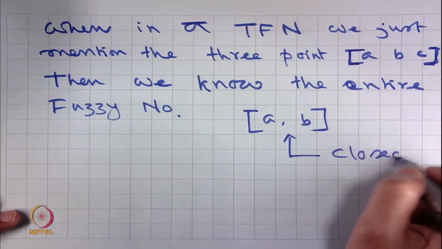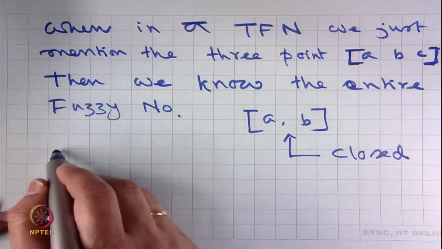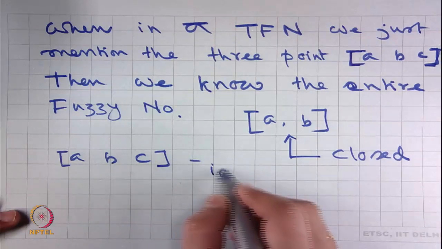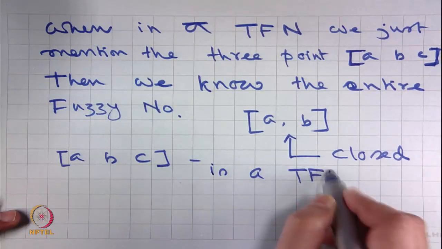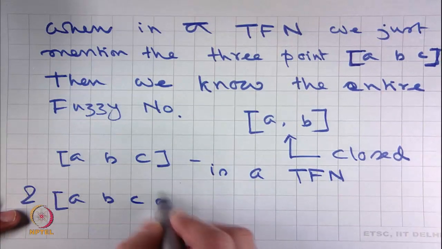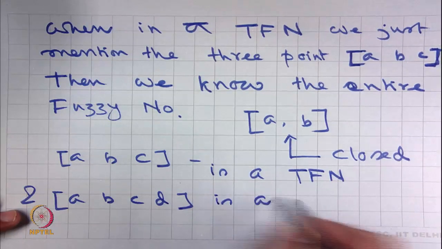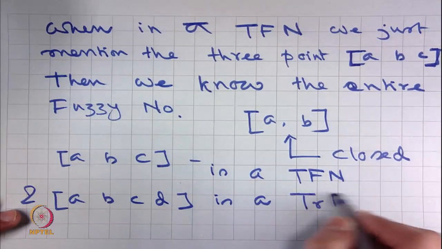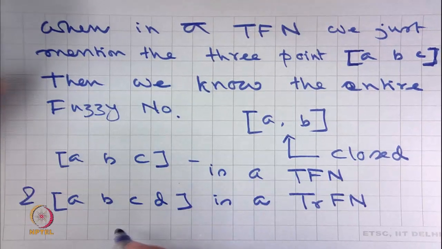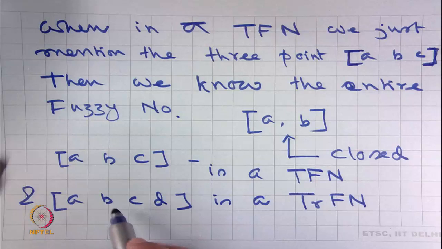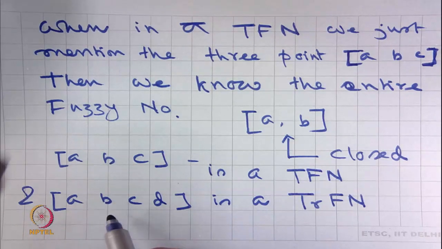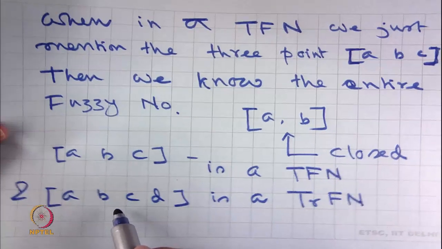So, you have to remember that (A, B, C) is a TFN and (A, B, C, D) is a trapezoidal fuzzy number, which will have a shape very similar to a triangular fuzzy number. Only thing is that between B to C it will have a membership value 1.